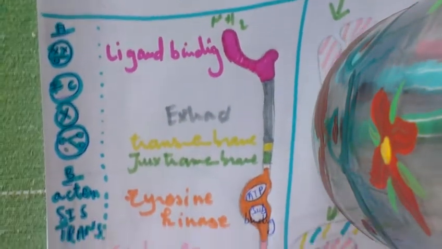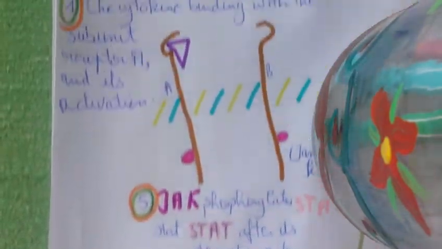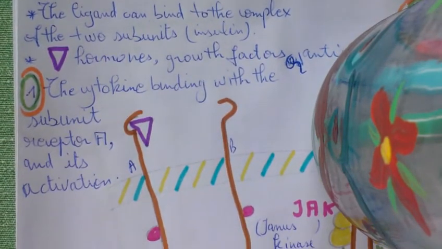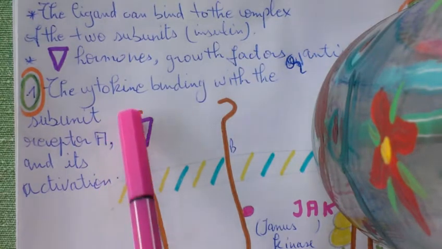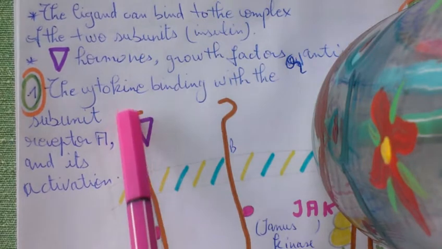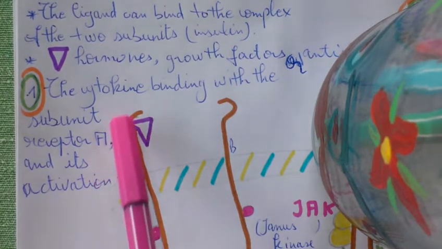That was the composition. Okay, let's go to steps. We've got here the cytokine binding, here it is, with subunits receptor A and its activation.